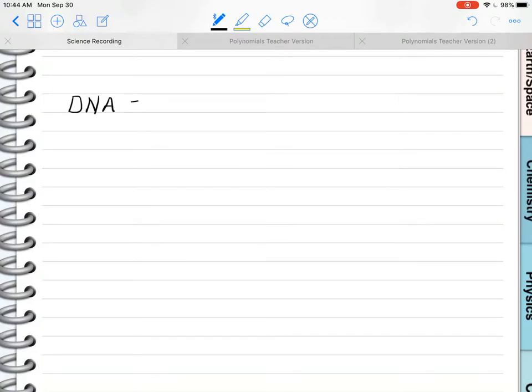So DNA is actually deoxyribonucleic acid. Deoxyribonucleic acid. And if you look closely, you will see the D, the N, and the A. But rather than spell that out the long way every time, we use the acronym DNA.